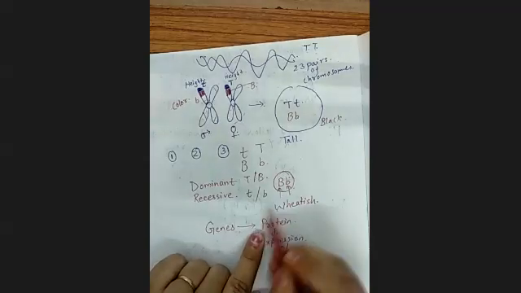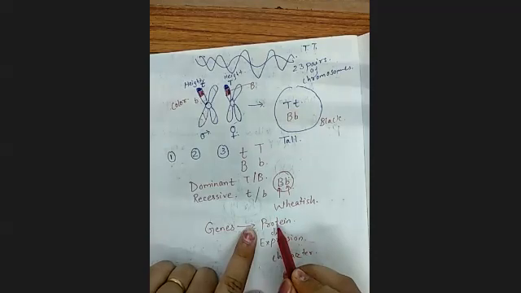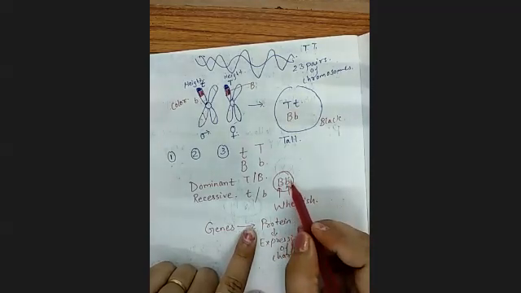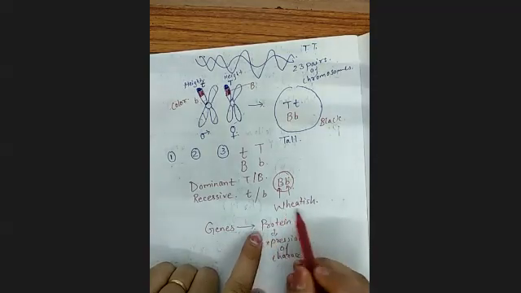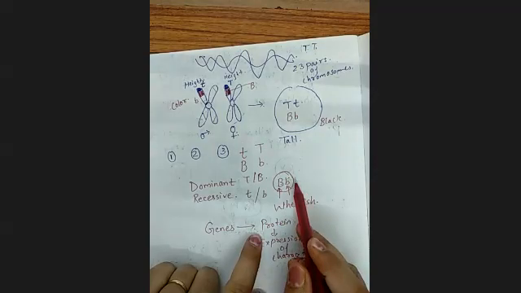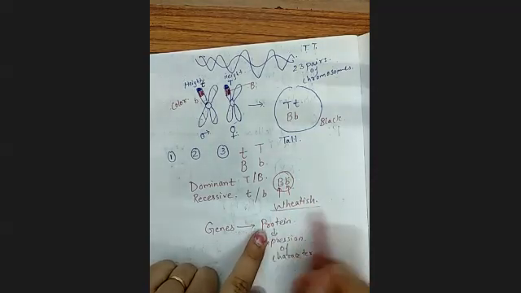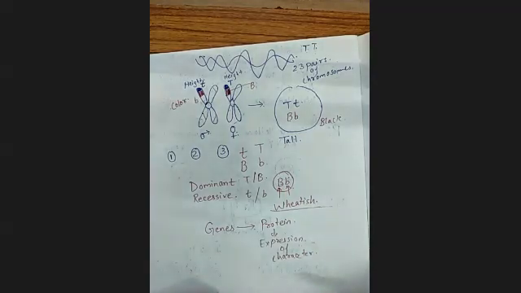So if capital B is producing the black protein, then you will get black color. If small b is producing white color, then you get the fairness. But if both of them are producing their proteins, then you will get whitish color. Understood this? So, ma'am, it is a mixture of dominant and recessive one.